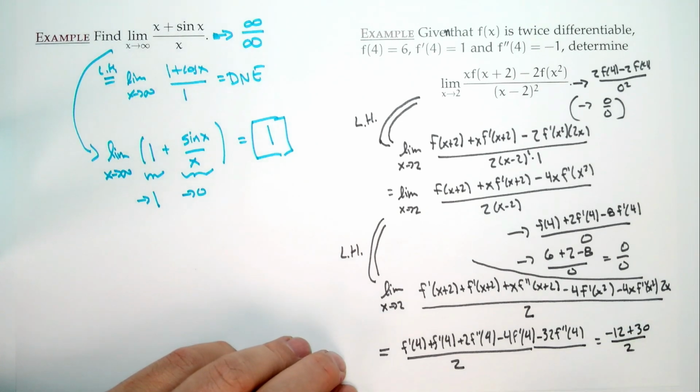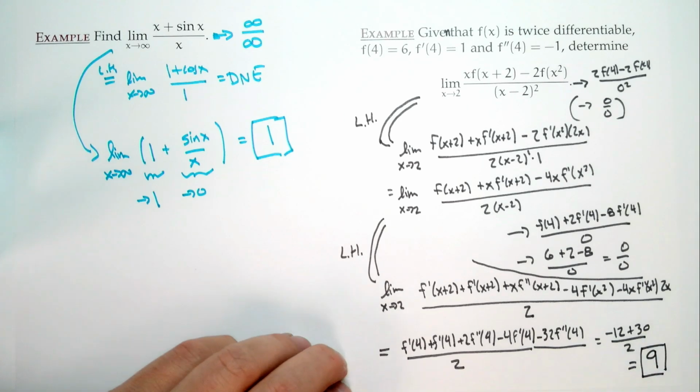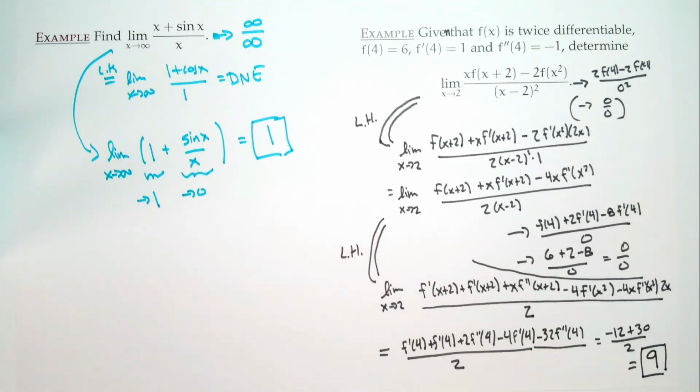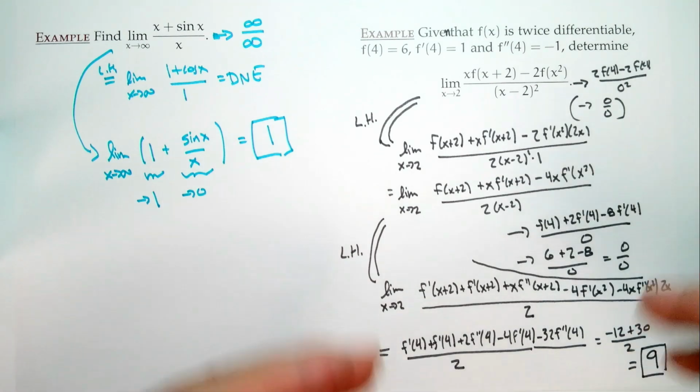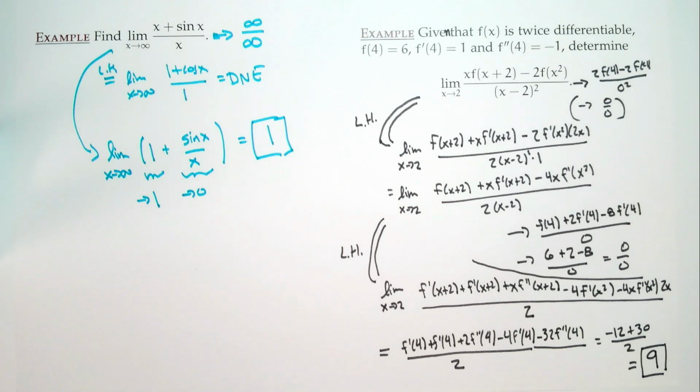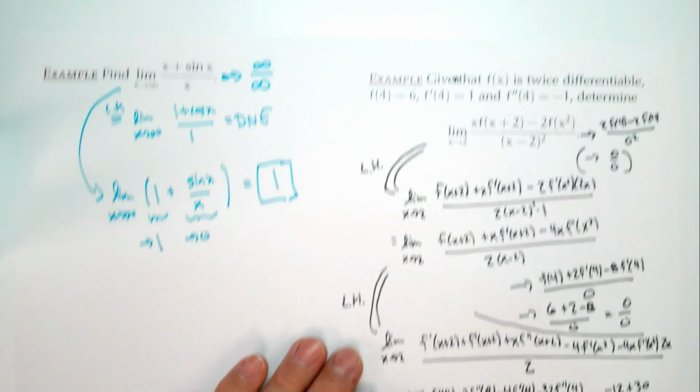Negative 12 plus 30 makes 18. 18 divided by 2 gives us 9. And there we go. And so this one's not so bad. It's just a matter of we work the process. We take the derivatives, we make sure things are 0, and life is good.